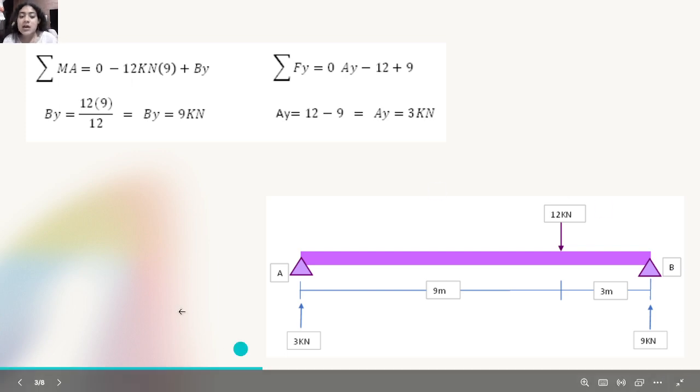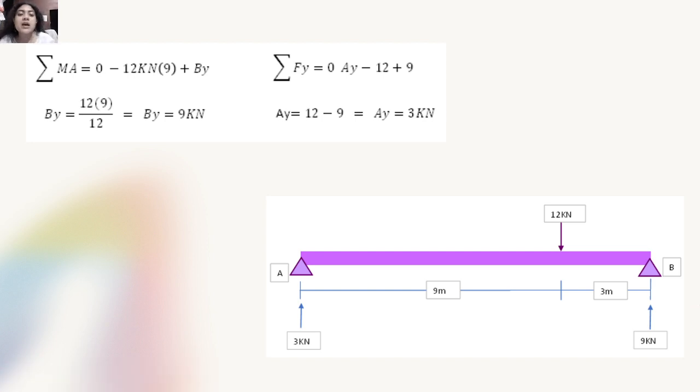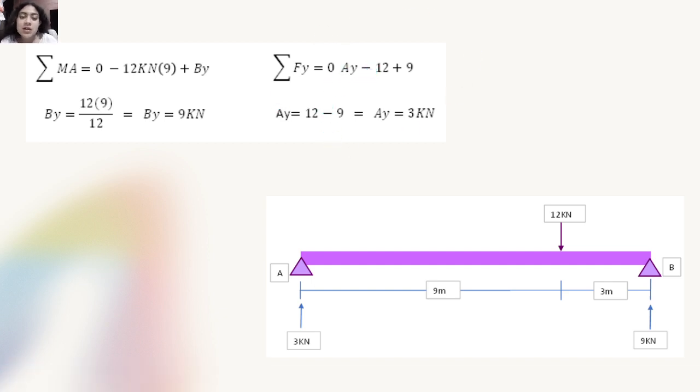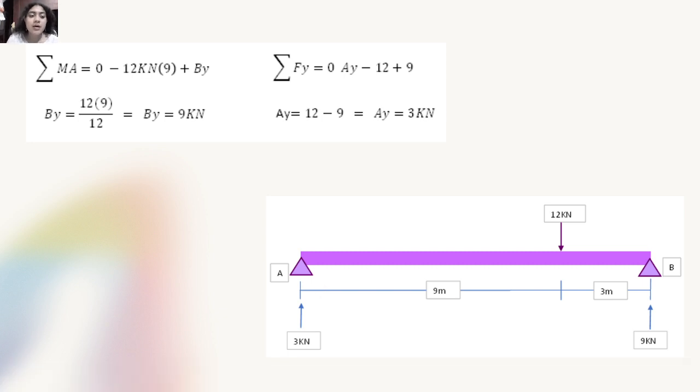That is the force I charge in this case, and then do a summation of forces in j. The sum of Fj equals 0, and Aj negative 12 plus 9, Aj is resumed, or in an executive it's 12 less 9, and equals Aj, it's 3, the force positive to the up at my input.